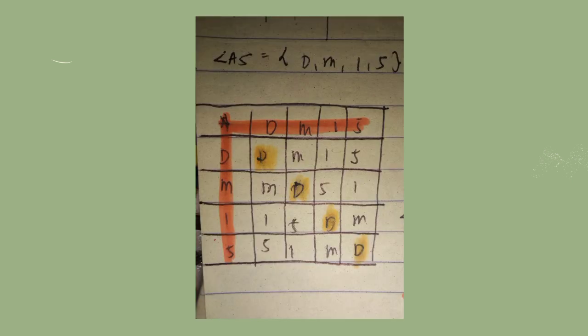Next, we have A sub 5. As we can see, the elements are symmetric from its diagonal. Therefore, it is abelian. So, let's check the generator. D is equal to D. M is DM. 1 is D1. 5 is D5.